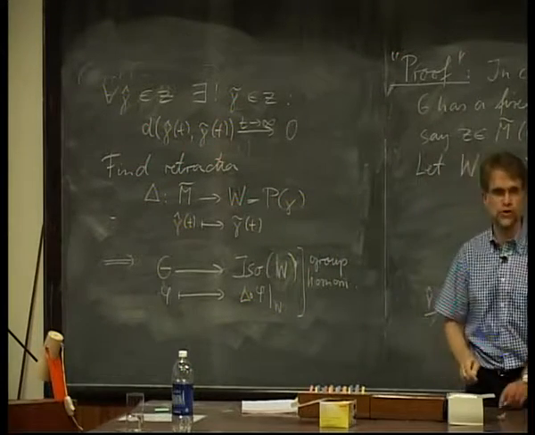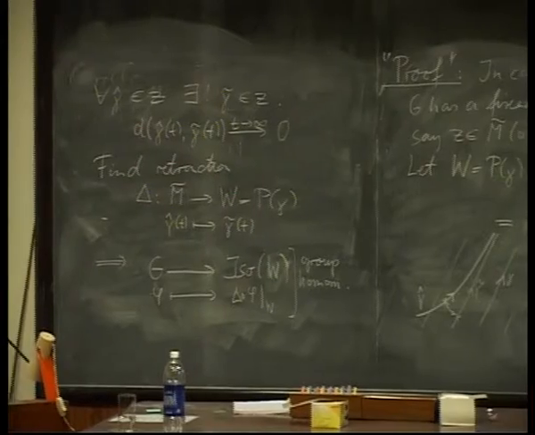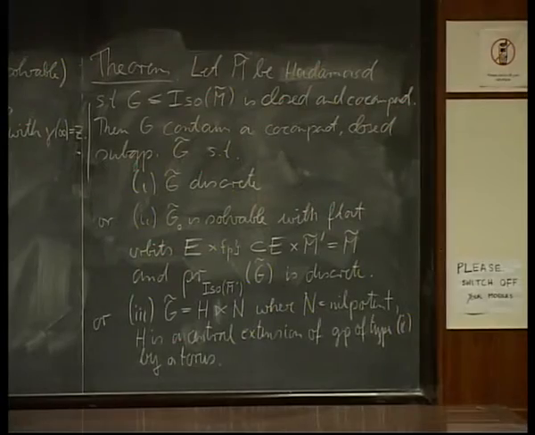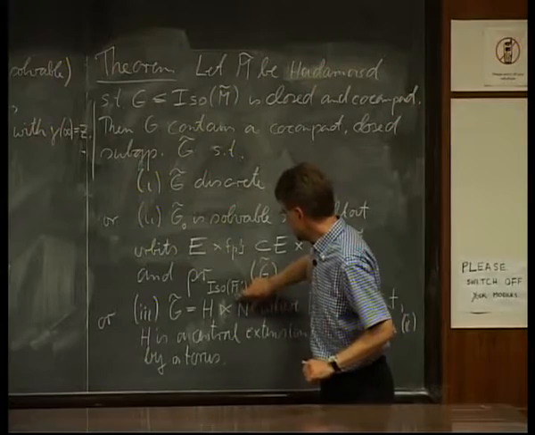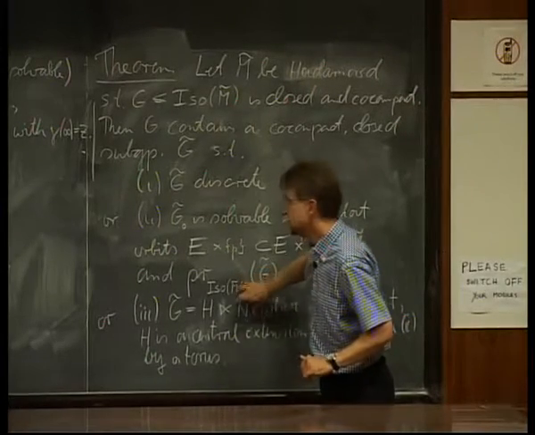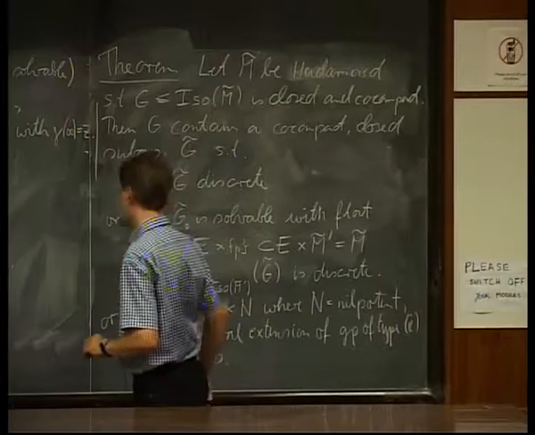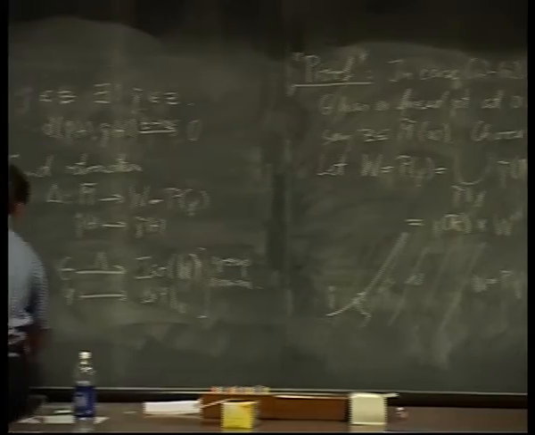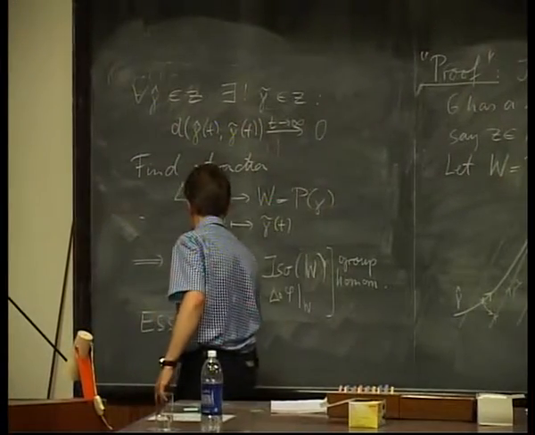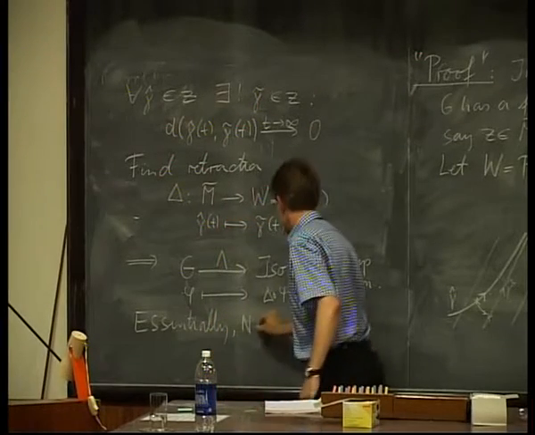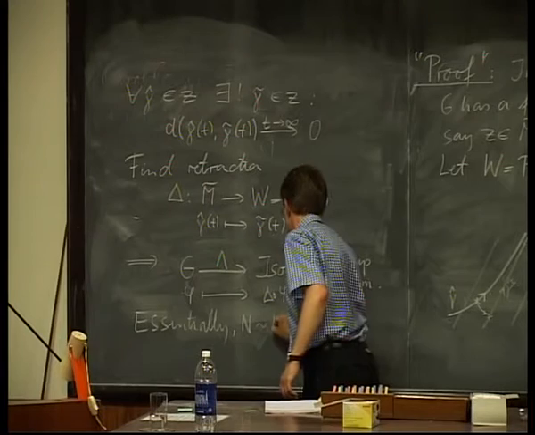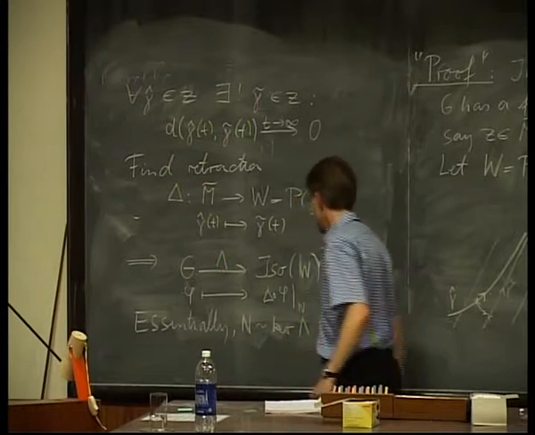And essentially, up to passing to suitable extensions and getting rid of some compact subgroups and so on, this N will be the Nil radical of the kernel of this map. So essentially, N will be more or less the kernel of this homomorphism.